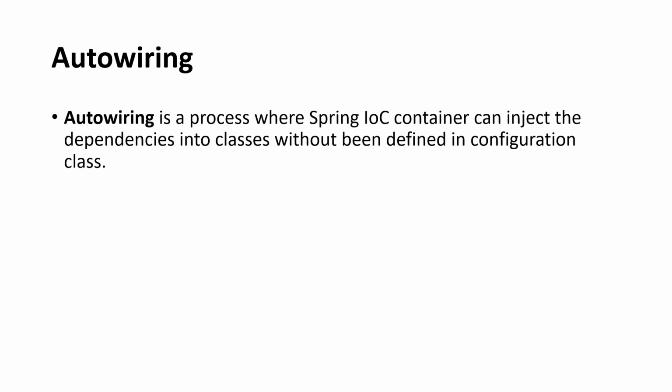That can be done either by constructor-based or by setter-based. Setter-based says I want to take help of the setter methods and the default constructor, and constructor-based says I want to take help of the parameterized constructor. And then we need to invoke those either setter methods or the parameterized constructors, and then we need to pass the dependency, and that was the process.